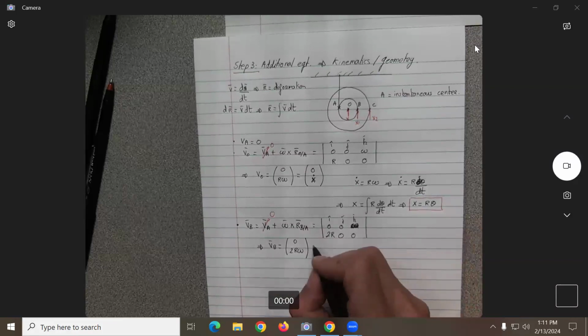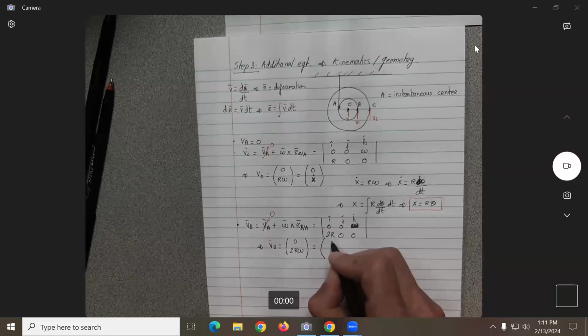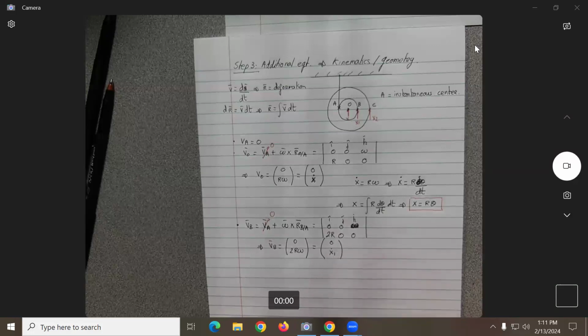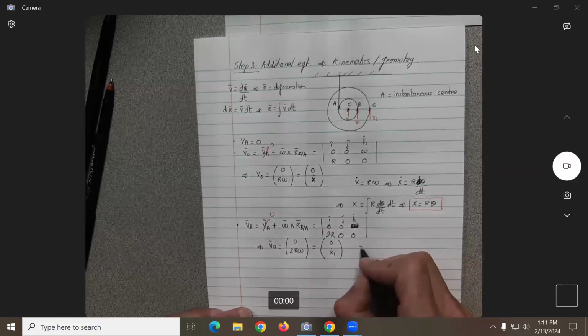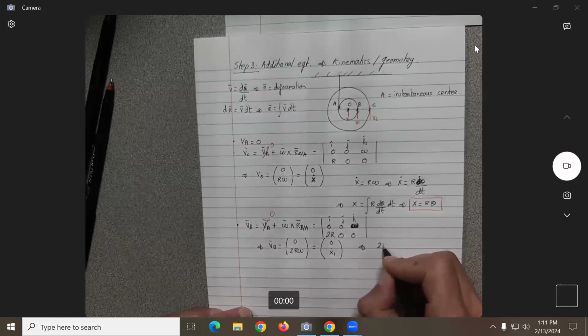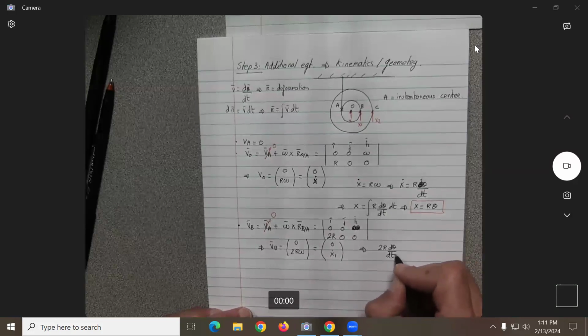Okay, and we follow the same procedure as before. This should be equal to what? This is for which point? This should be x dot sub 1, no? Okay, so basically we can solve here the same as before. From here we get 2r d theta dt equal to x dot 1.